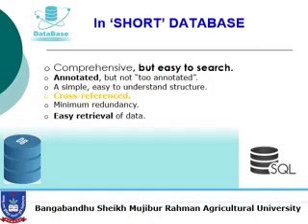So in short, a database will be comprehensive but must be easy to search. It can be annotated but not too annotated. That means a database must have a supplementary file that describes the database, but it must be short and simple.